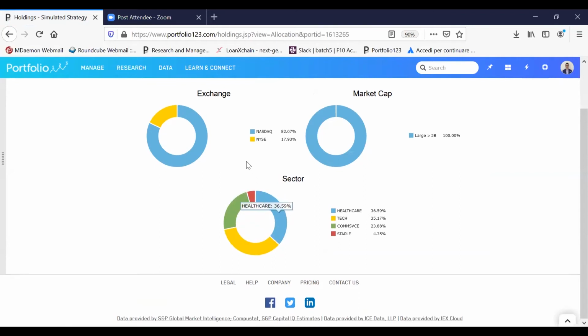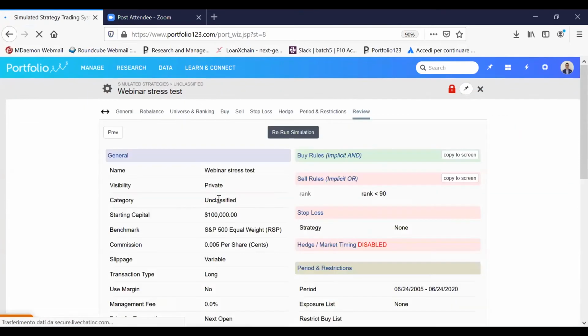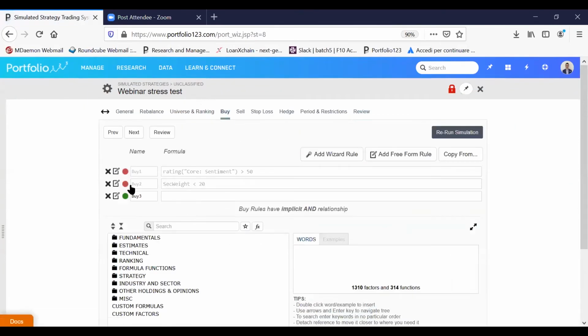So maybe we want also to test the rules in order to reduce the weight of specific sectors and industries. And something else, you can also do further testing on the fly on, for example, including also other ranking into consideration. And let's see how it goes.